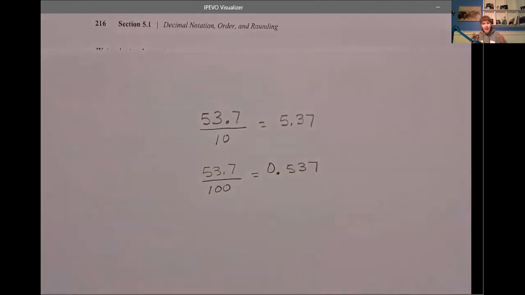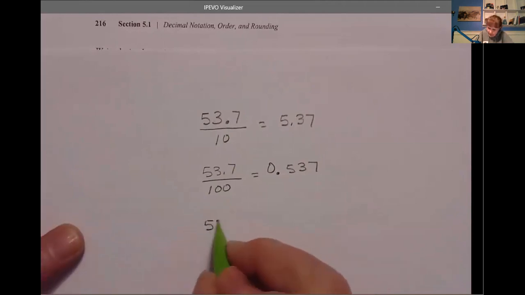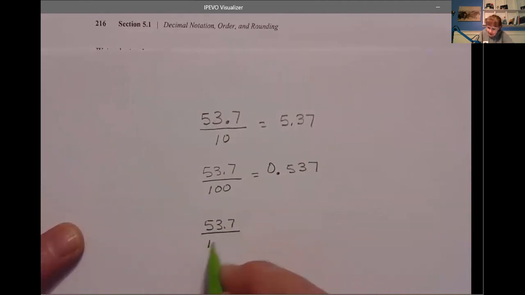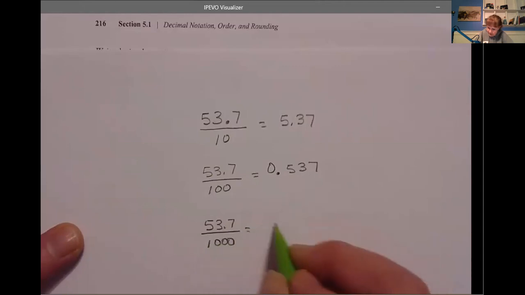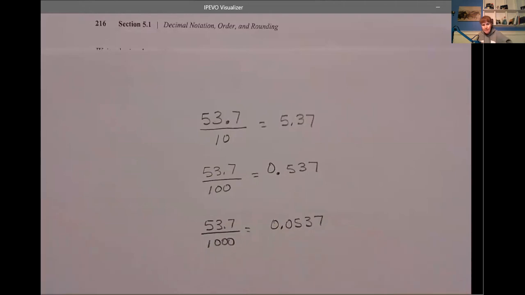Okay, so you notice I'm not changing the value here. When I'm dividing by 10 or dividing by 100, the numbers themselves haven't changed. Notice what's happened to the decimal as we do this. All right, let's do another one. 53.7 divided by 1,000. And again, the numbers haven't changed, but the decimal place has.